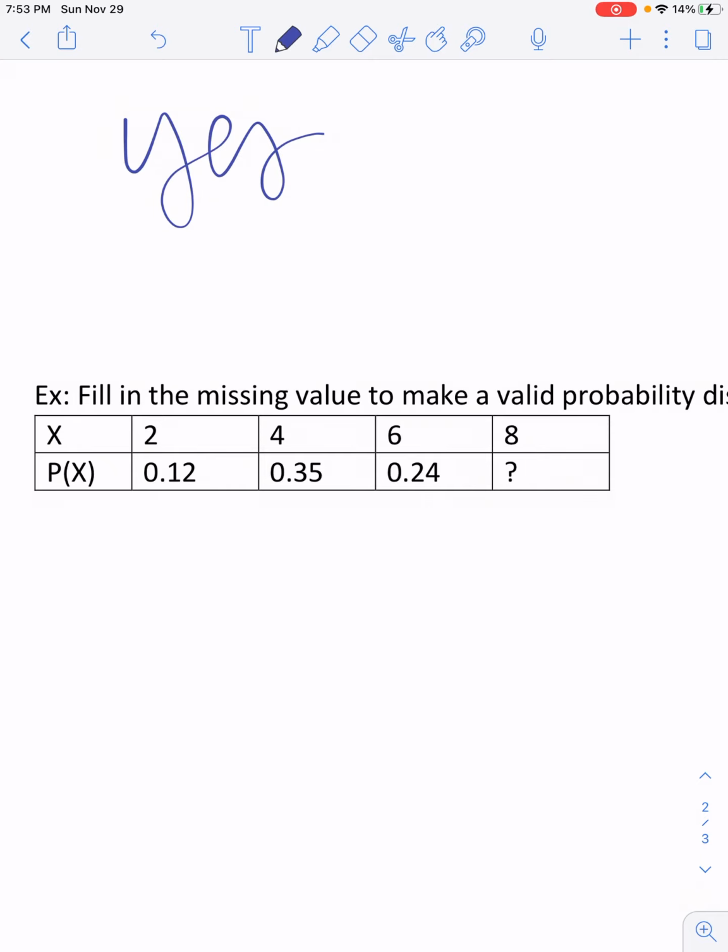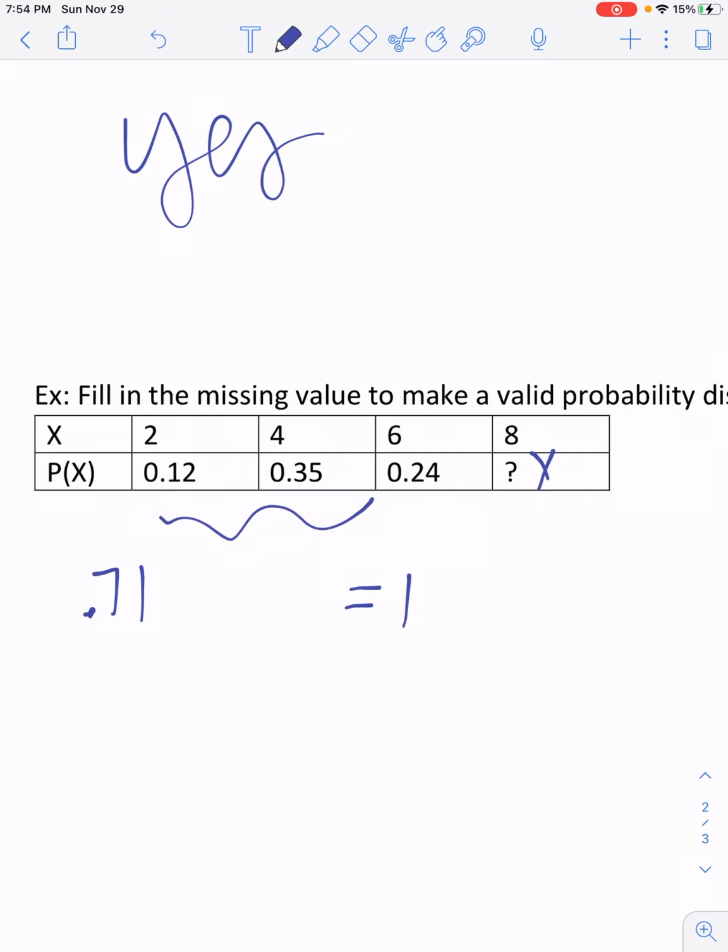And so we know that in order for it to be a probability model, all of these should add up to be 1. So I need to find this missing value, and I'm going to call this missing value X. If we are just going to find one missing value, let's add up the ones that we know. So if I added up 0.12, 0.35, and 0.24, I would get 0.71.